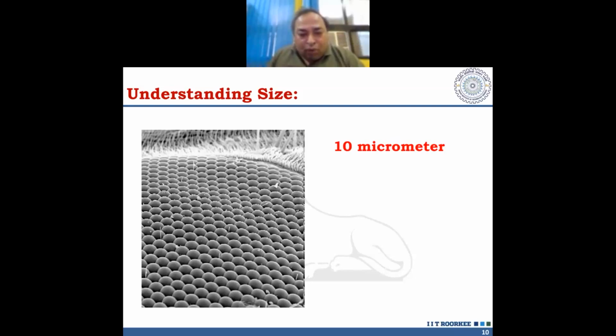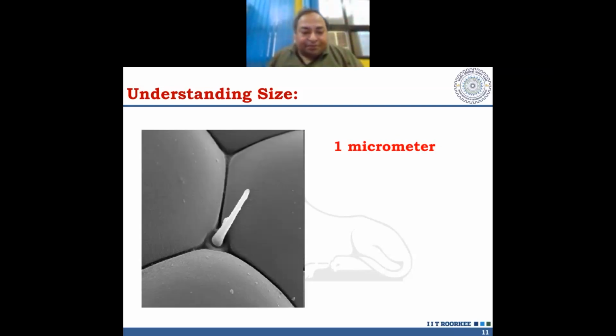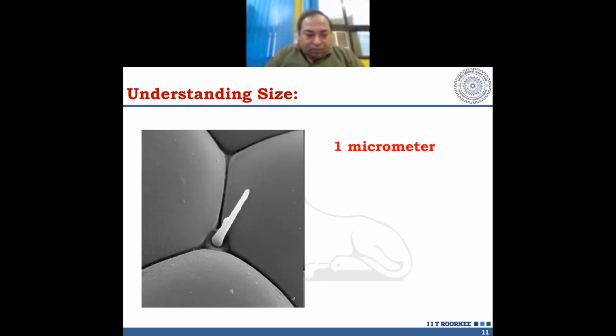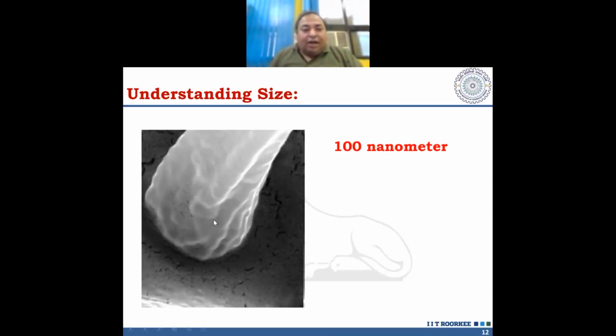Again, going more focused, we go into each of the units in the eye and we come to the size level of 10 micrometer. Again, now we focus on each of the units' connection and we arrive at 1 micrometer. Focusing further, we focus on the thing which is in the juncture, in the connection, and now we arrive at 100 nanometer.